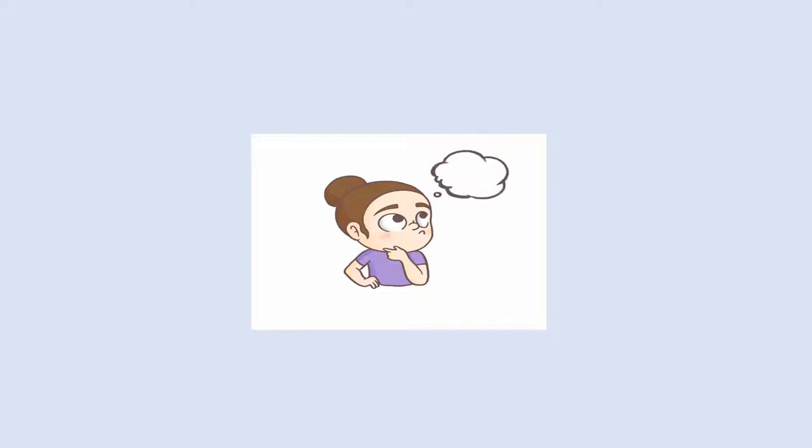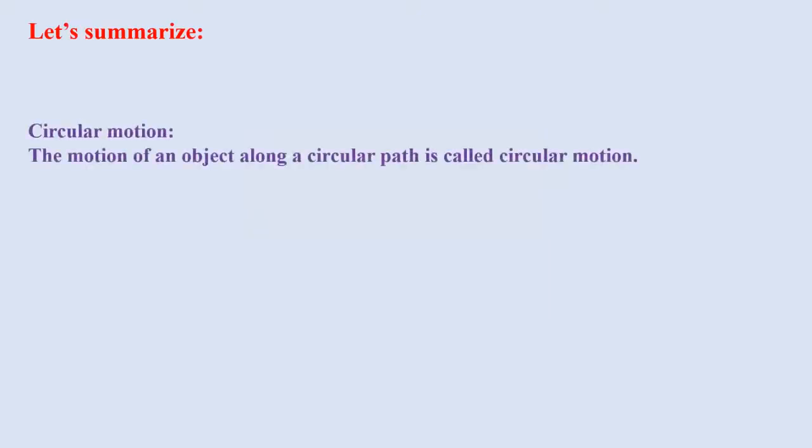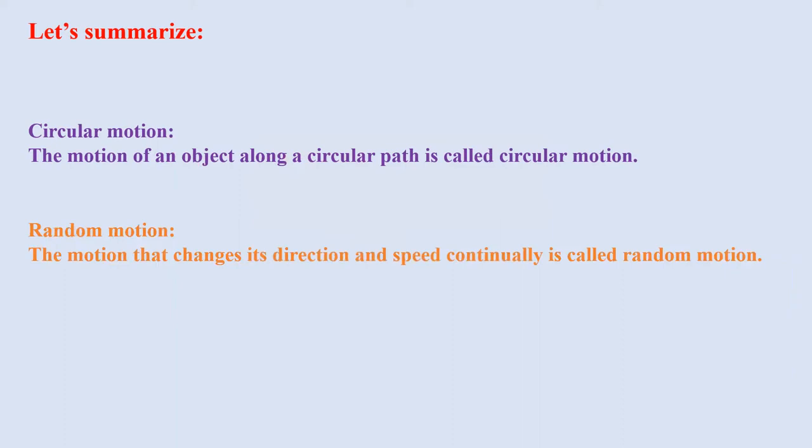So it's time to revise whatever we have learned till now. So students, we saw the motion of an object along a circular path is called circular motion, and the motion that changes its direction and speed continually is called random motion. And we saw a lot of examples of both the motions.